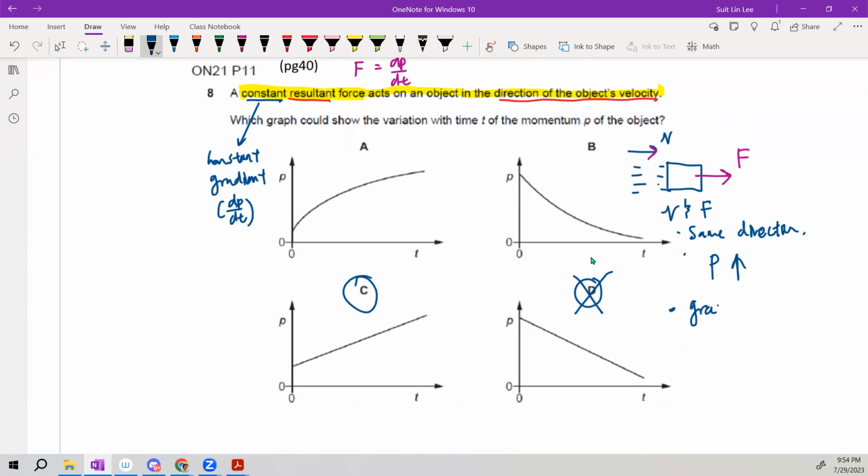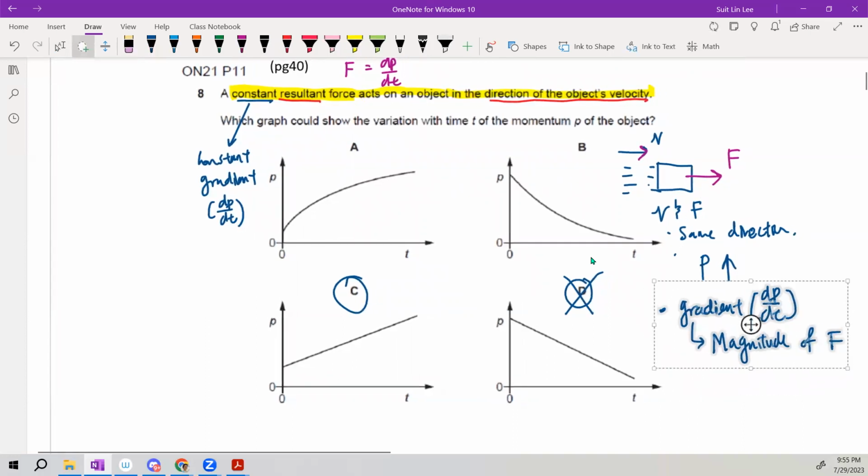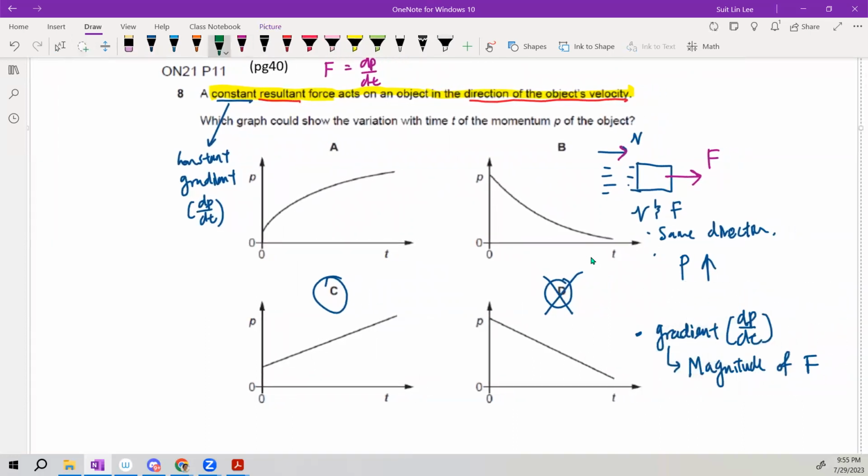The gradient, which is dp/dt, is linked to, not really the change in momentum, but this one informs me about the force, the magnitude of force. Of course, this one is obviously for a p-t graph. For an F-t graph it is something different. So this one is the momentum-time graph.